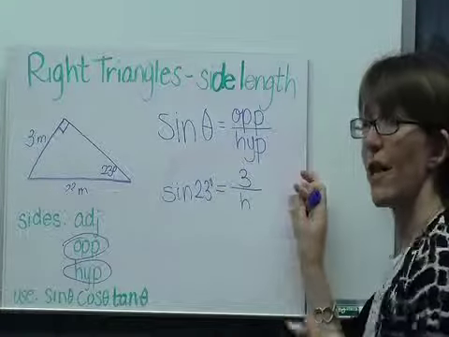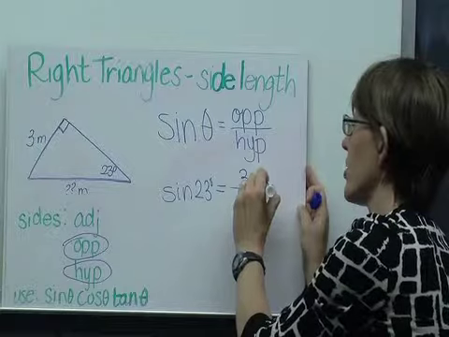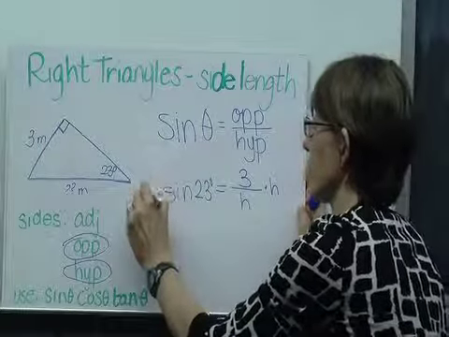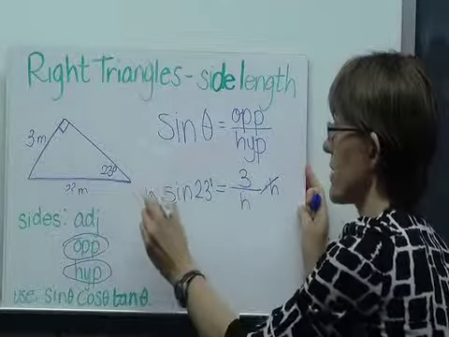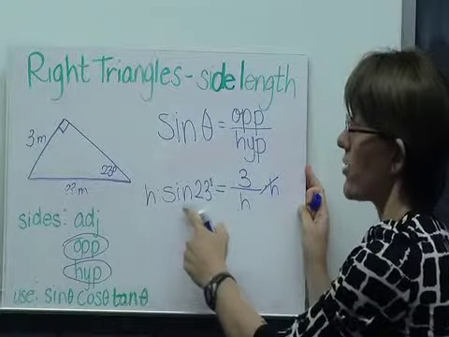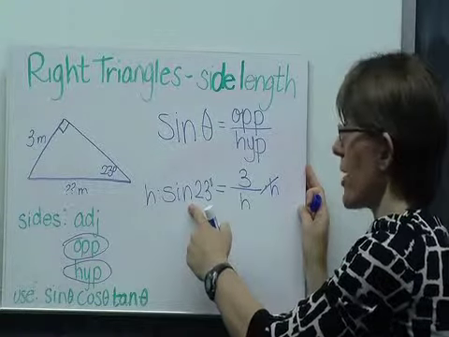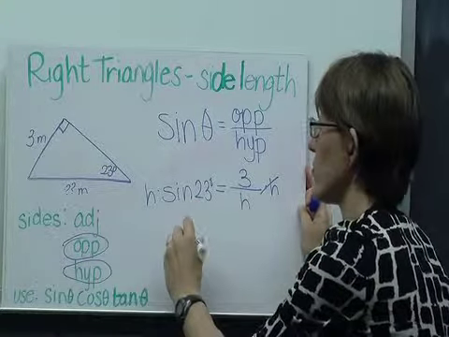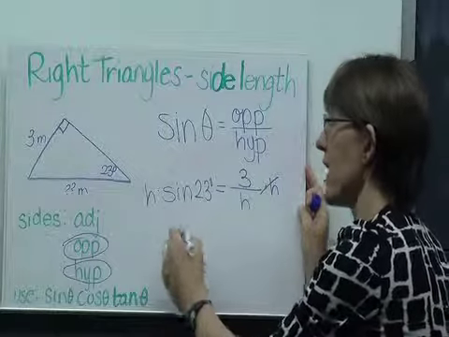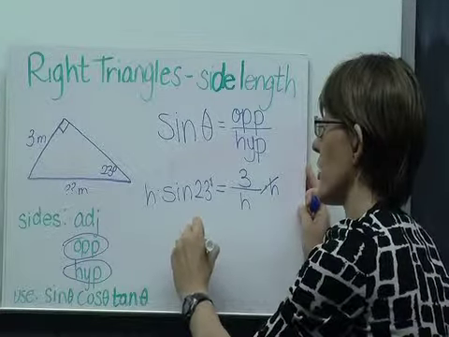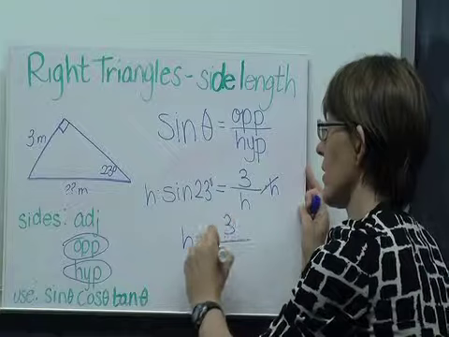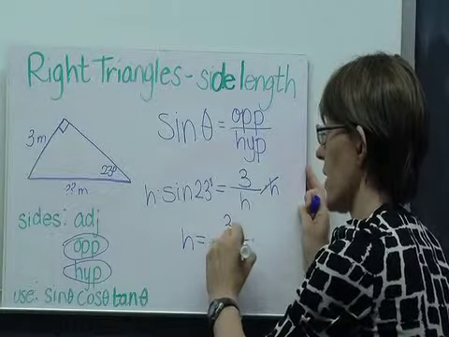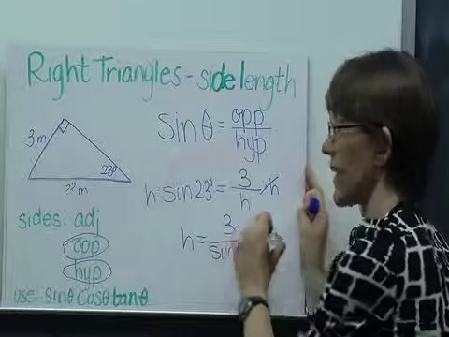In order to get this h out of the denominator, I'll multiply both sides by h. So this gives me that h times the sine of 23 is equal to 3. If I divide both sides by the sine of 23, then I can isolate h.